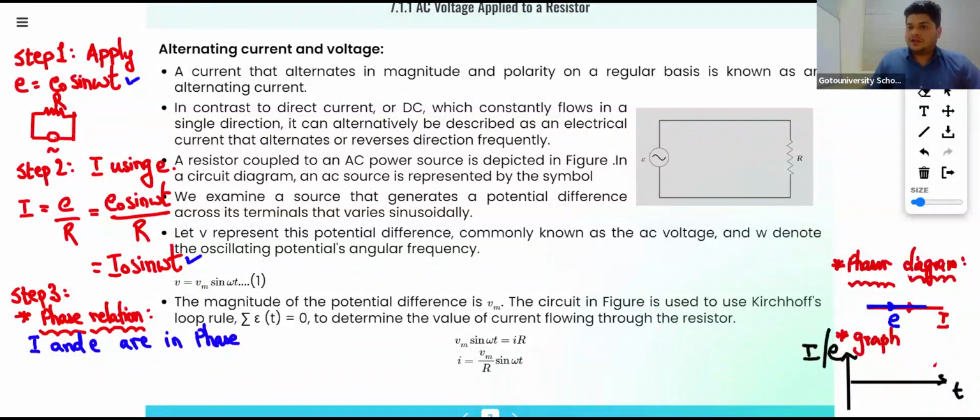So for current, I will represent it by a red one. So it will be like this. And EMF will start with current, end with current, and reach peak value with current. You can make it bigger also, you can make it smaller also. This red one will represent current and this blue one will represent EMF.